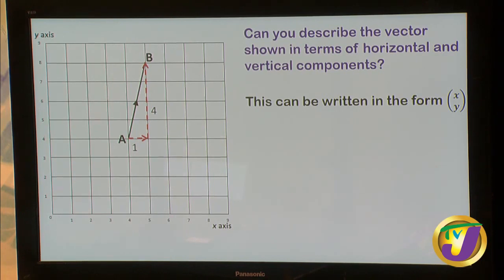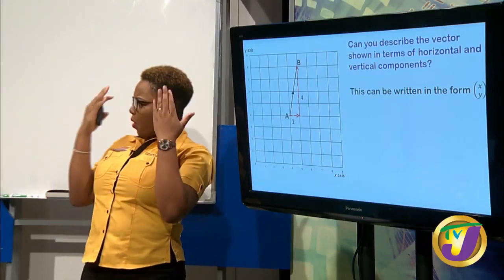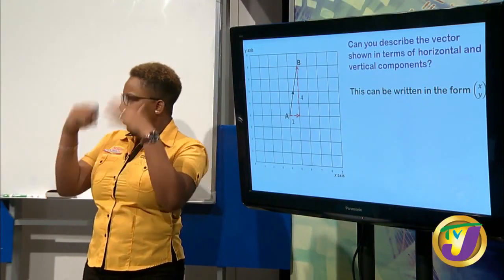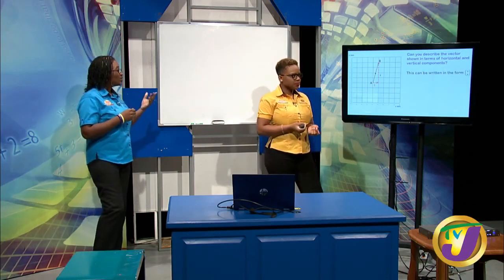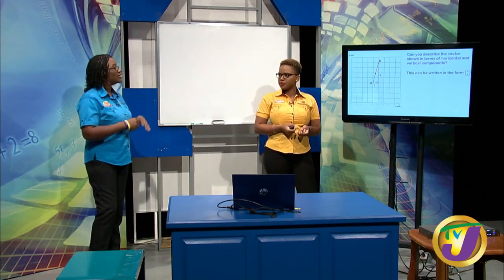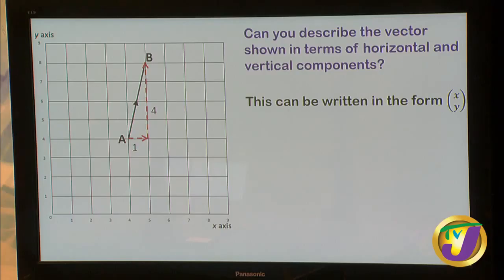Why couldn't I look at the vertical movement first instead of the horizontal movement? Well, the vector can be written in the form (x, y), and x represents our horizontal movement.